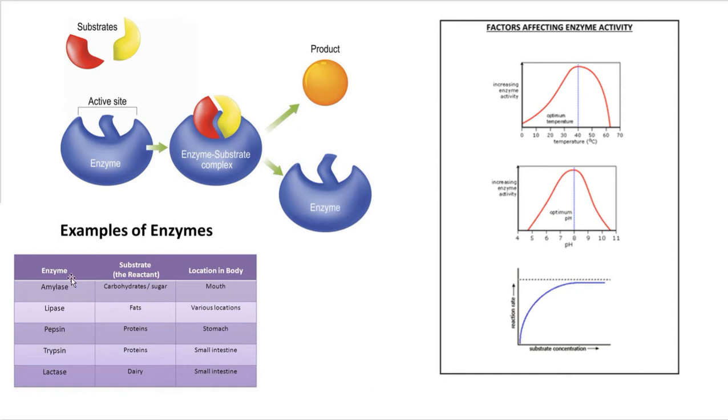We have different types of enzymes. Amylase, that is used for the digestion of carbohydrates and is in our mouth. Lipase, that is used in the digestion of fats, and we can find it in different parts of our digestive system. Pepsin and trypsin for proteins, lactase for dairy, and they are in the small intestine.